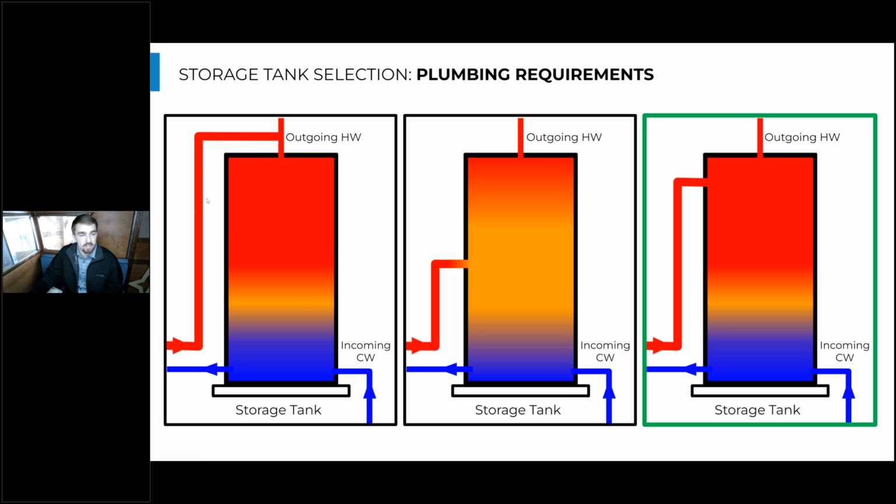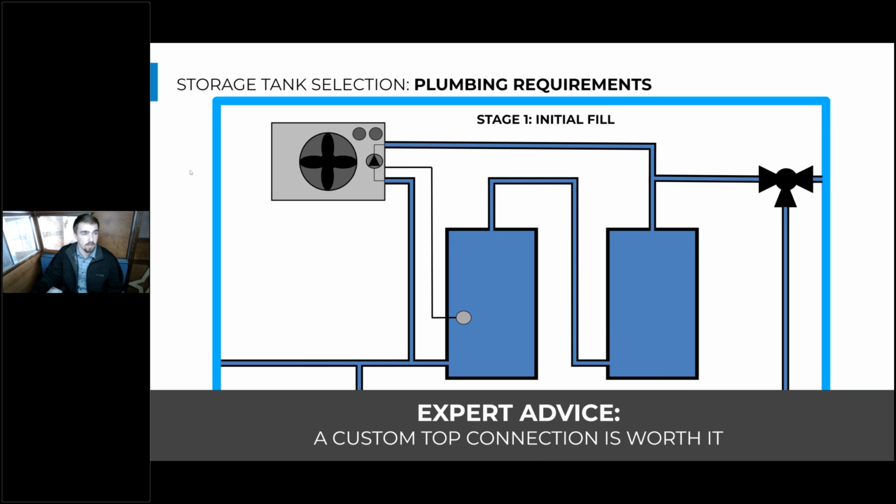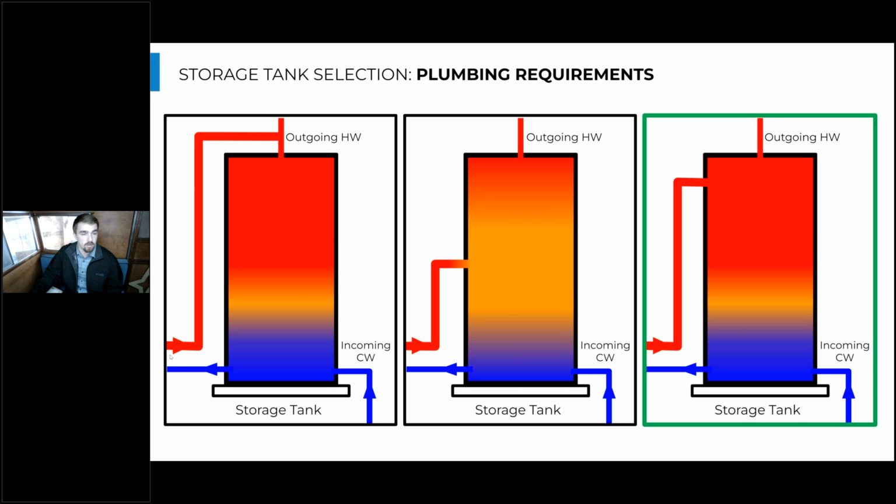But the downside to this is that at the beginning of the run cycle of your heat pump, all the water in the supply pipe will have cooled down because it's just sitting there waiting to be heated. So as soon as the heat pump starts, this cold slug of water will go straight to your supply line, which will then go out to your mixing valve and send your mixing valve cold water.